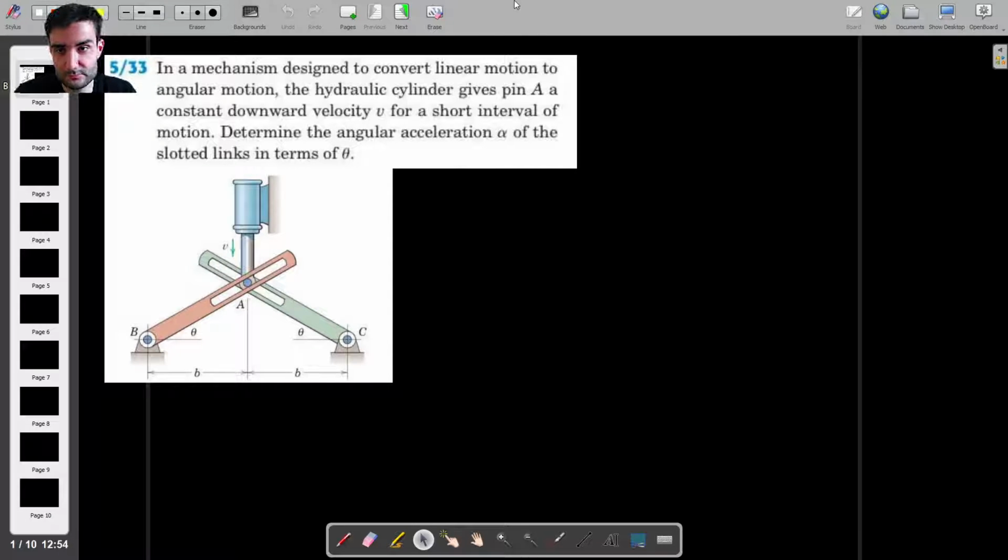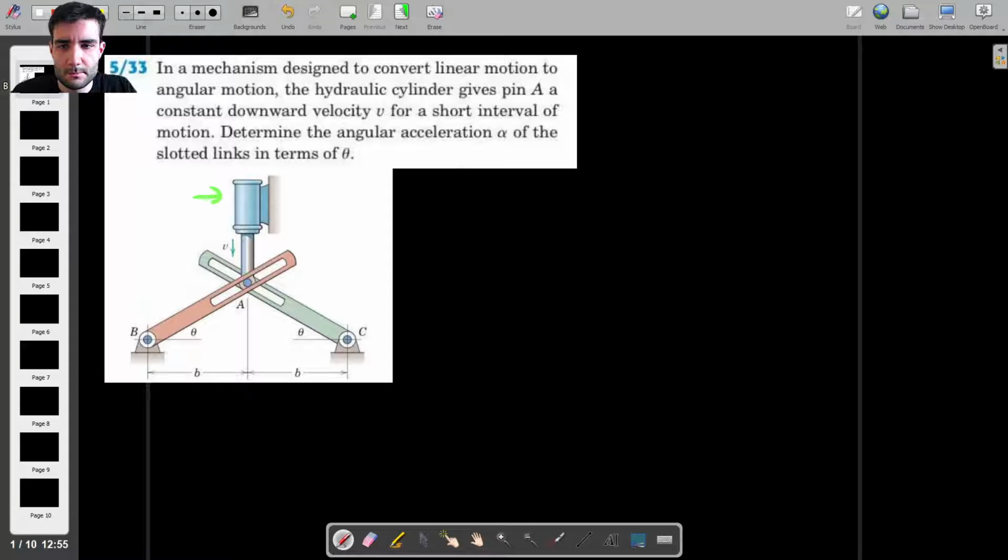Okay, so let's try to read the question and understand what it wants. So we're dealing with a hydraulic cylinder, which is this right here, and this is converting linear motion into circular motion, okay?